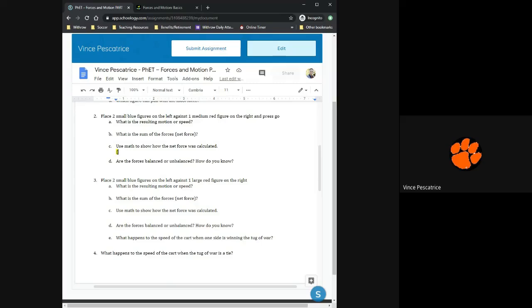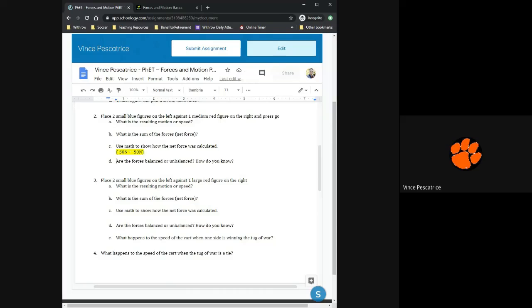So in this one, I know it's kind of weird, but negative means to the left. So you have 2 guys pulling with 50 newtons to the left. So negative 50 newtons. And then the second guy, so I'm going to add his force on the same side. So this represents the left side right here.